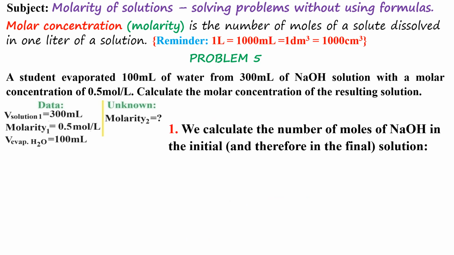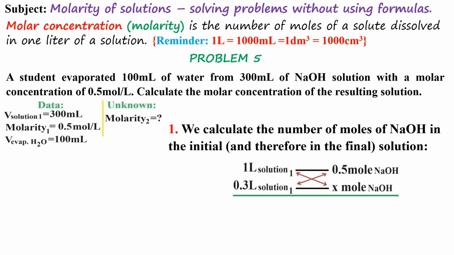In the first step, we calculate how many moles of sodium hydroxide are in 0.3 liter of the solution, so in the initial solution, and the same number of moles are in the final solution. Because our solution is 0.5 molar, it means that 1 liter of the solution contains 0.5 mole of solute.